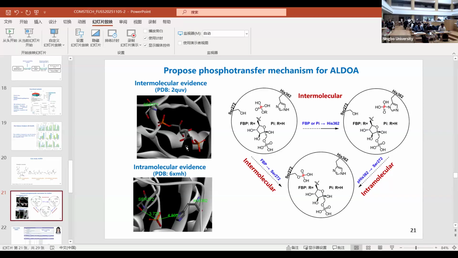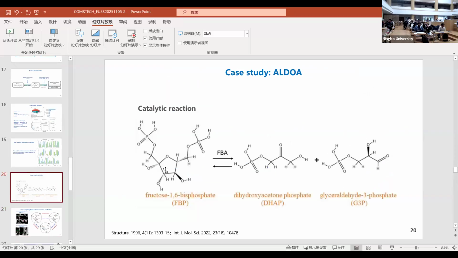So it's the isomerase transferring from 1 to 6, phosphate to glucose 6-phosphate. Yes, you're right. For this protein, it's not that clear for the phosphorylation of this histidine. We do not really know the biorelevance, the biosignificance of this kind. But we found it can transfer from the substrate to the enzyme.